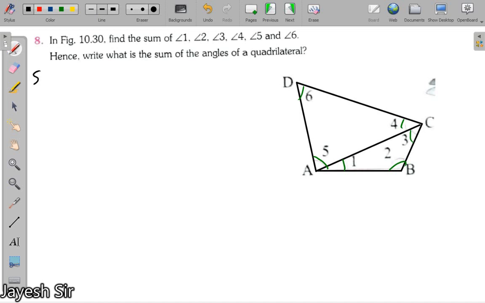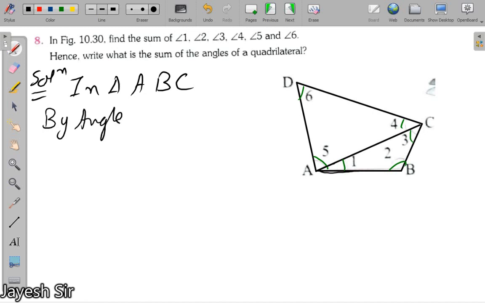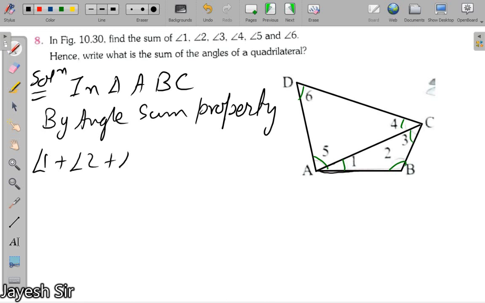So first of all, the solution. In triangle ABC, first of all, I am talking about triangle ABC, this lower triangle, by angle sum property, angle 1 plus angle 2 plus angle 3 will be equal to 180 degrees.